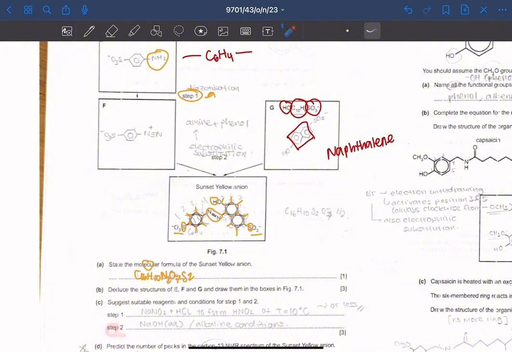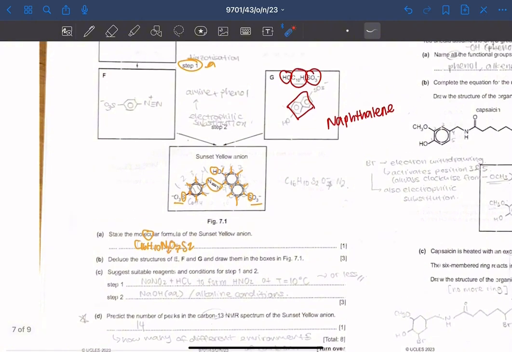And step 2 is actually electrophilic substitution, because it involves an amine plus a phenol. So it requires the reagents and conditions NaOH aqueous, or alkaline conditions.